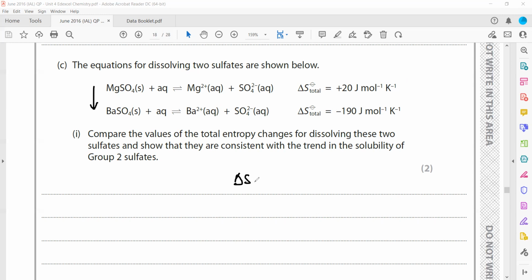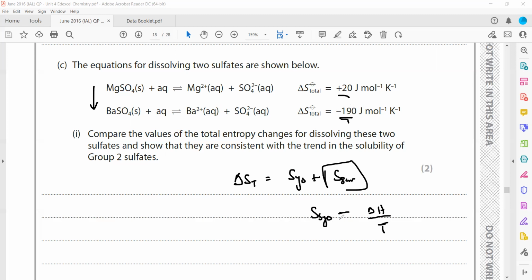Because the total entropy is the entropy of the system plus the entropy of the surroundings. The system does not change, the surroundings term is minus delta H by T. So the entropy of the system minus delta H by T. For magnesium sulfate, this delta H was positive, so we were subtracting. But for barium sulfate, what will happen? The total entropy is more negative. Why is the total entropy more negative?